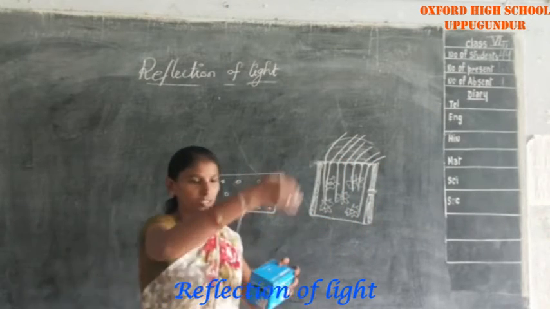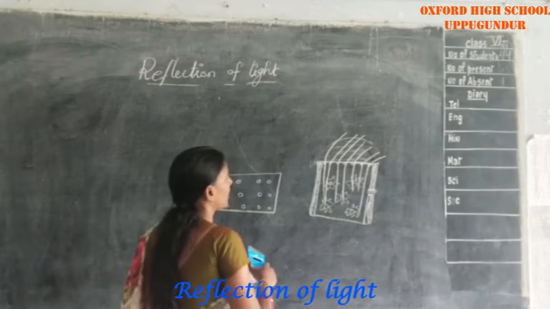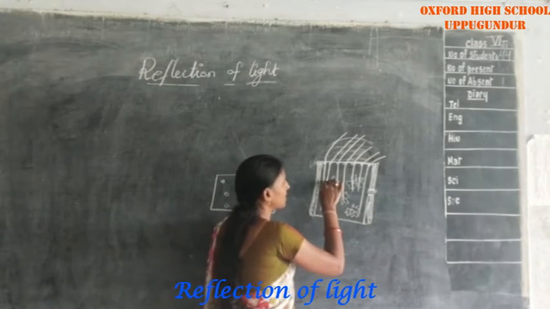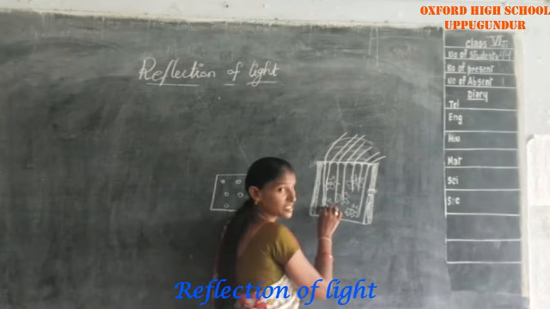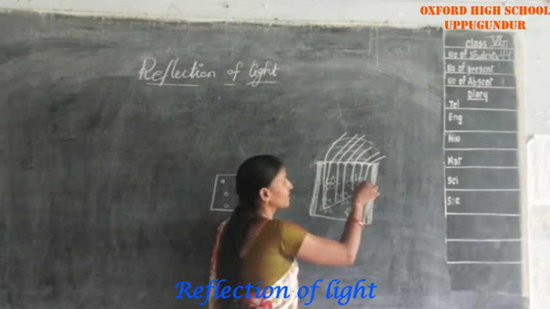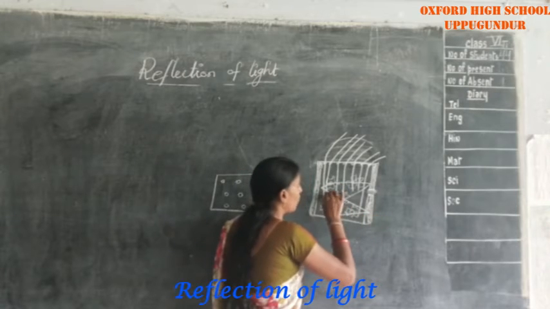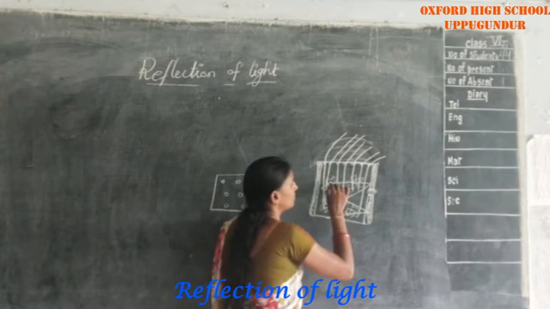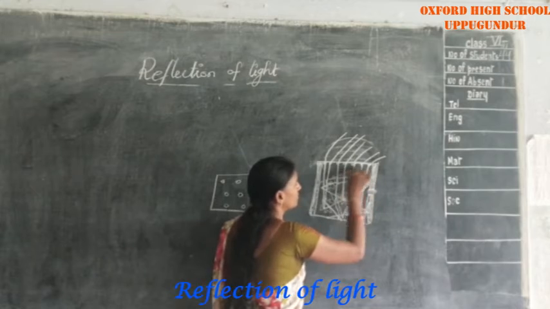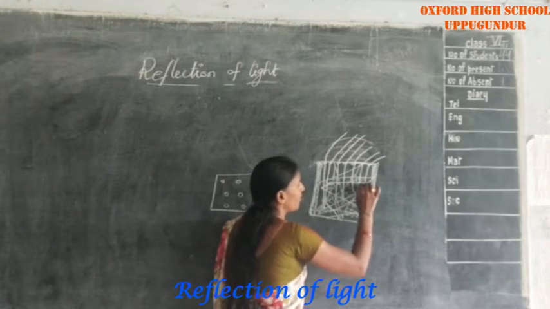Okay, automatically the light is traveling to the inside of the box. So here see, the light is falling on the flowers, then reflected to the mirror, and again reflected to another direction, again reflected to another direction. So all these numbers of reflections are present in the box.